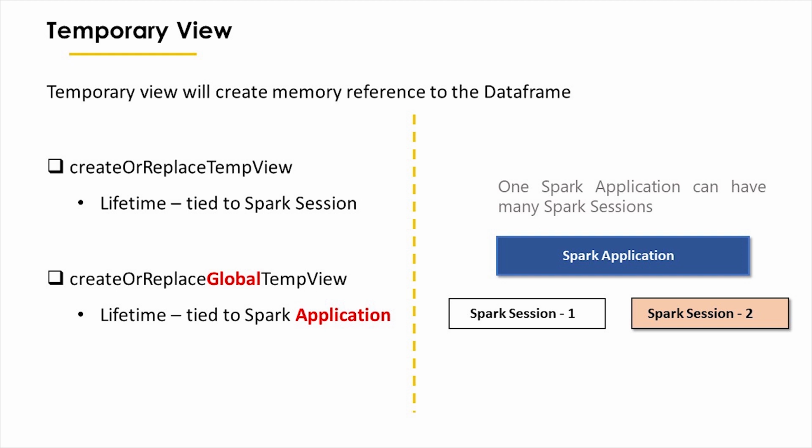But the memory reference which is created using the global temp view can be used across Spark sessions. It is not bound to a single Spark session, unlike the reference created using the normal temp view method. So these temp views will automatically get dropped when the application terminates.